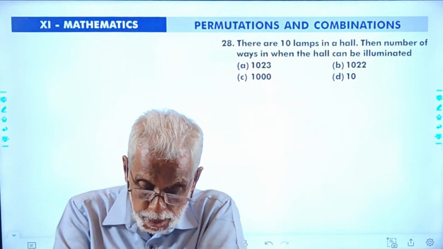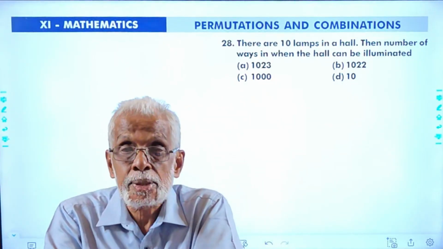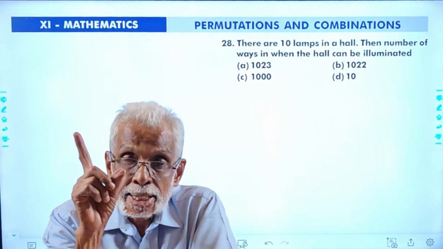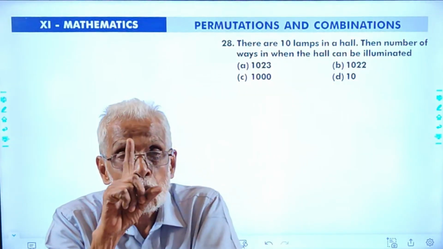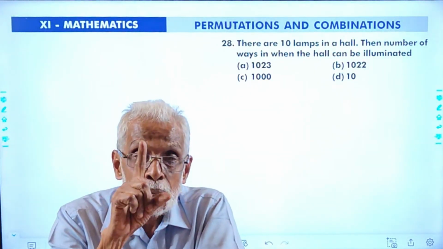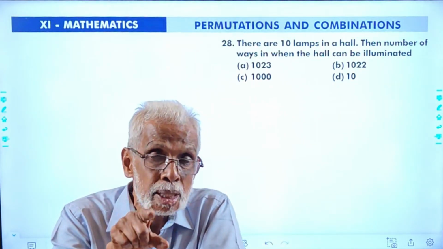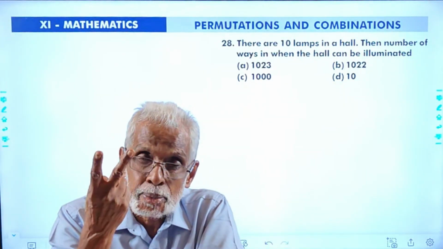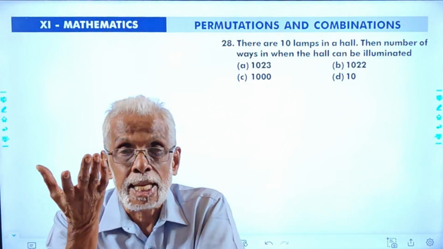There are 10 lamps in a hall. Find the number of ways in which the hall can be illuminated. You look, there are 10 bulbs in a hall, so there will be 10 switches also. The hall can be illuminated by switching on any one of the 10 bulbs, or any 2 of the 10 bulbs, or any 3 of the 10 bulbs, or all the 10 bulbs.